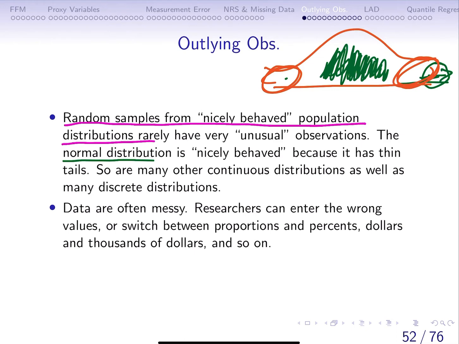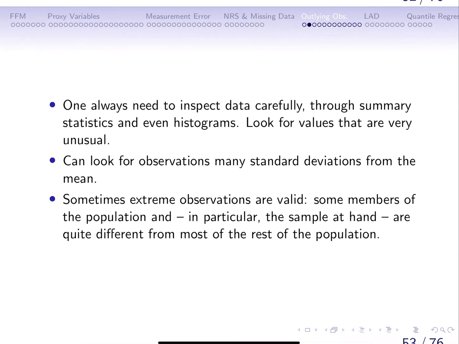Anyway, data can be very messy. Sometimes researchers, when inputting data, enter wrong values or switch between different scales, proportions or percents, dollars and thousands of dollars, and so on. So we can encounter very messy data.